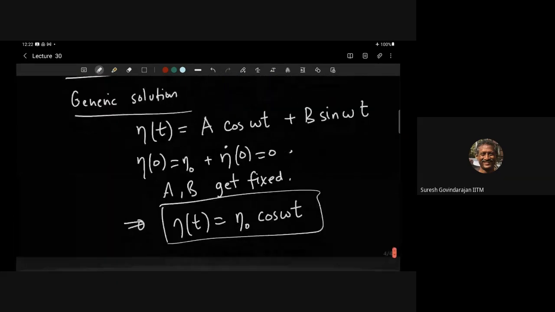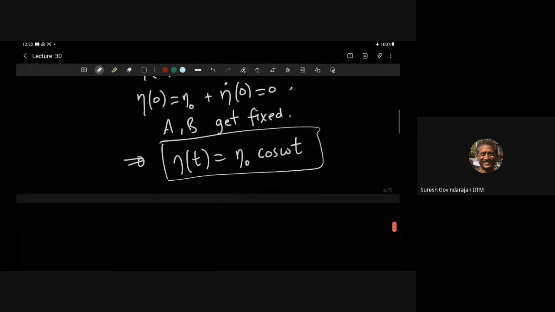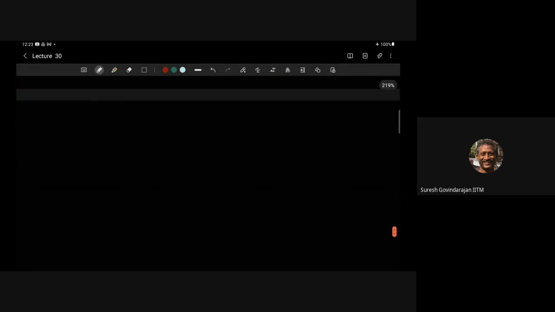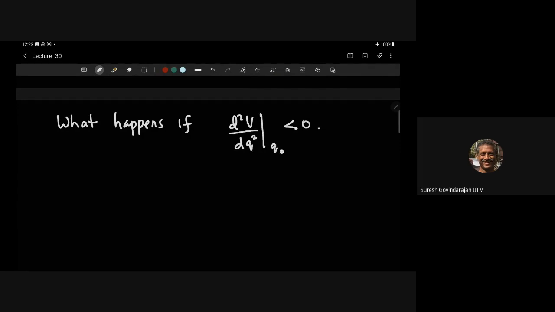Okay. What about the other situation? Now what happens if d square V by dq square at q naught is less than 0?